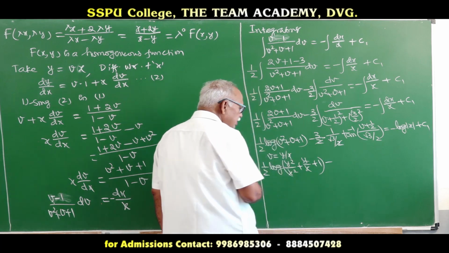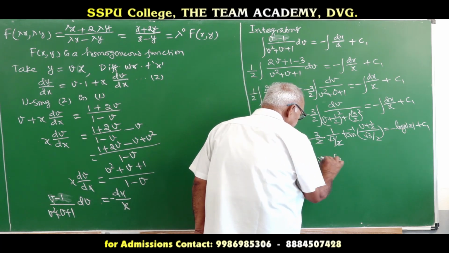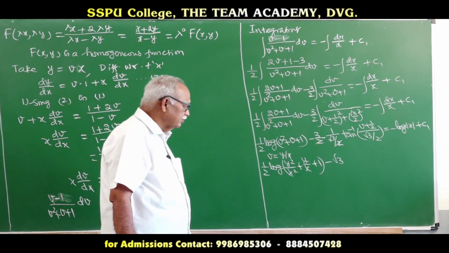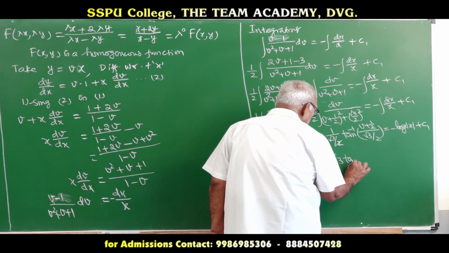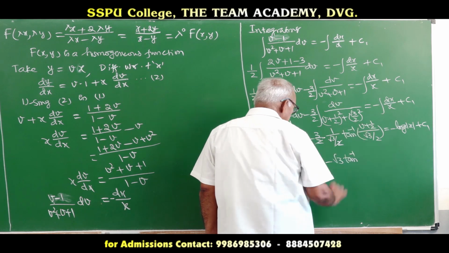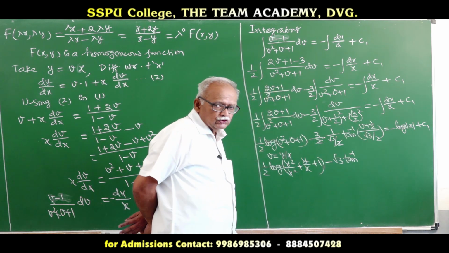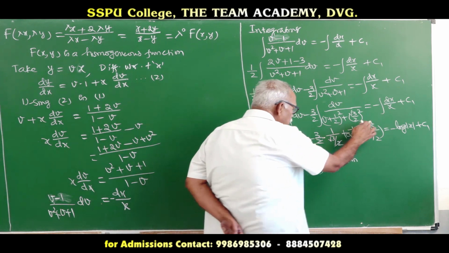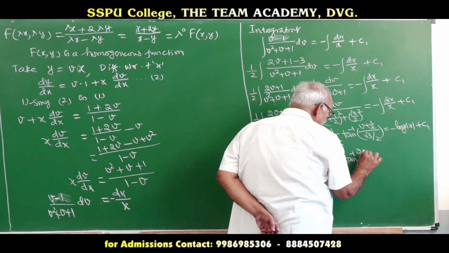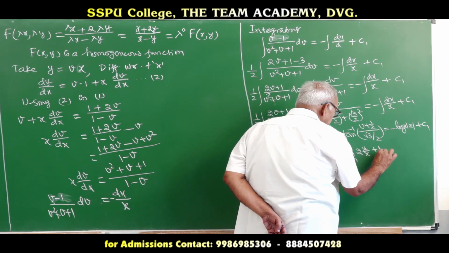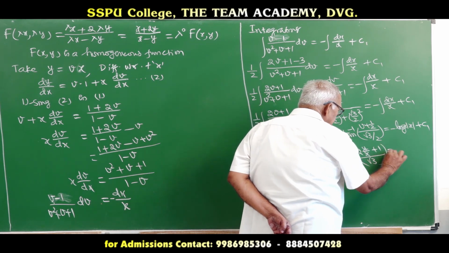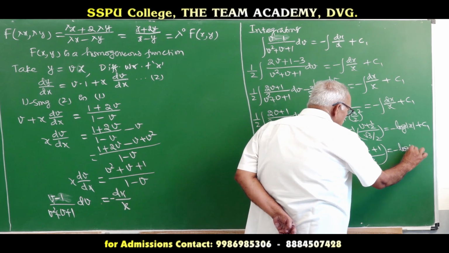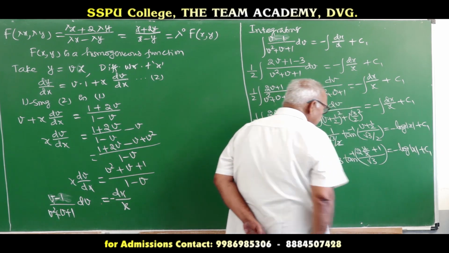Here you see we get root 3 there, tan inverse of 2v plus 1 by root 3, that is (2 into y by x plus 1) divided by root 3, is equal to minus log mod x plus c1.